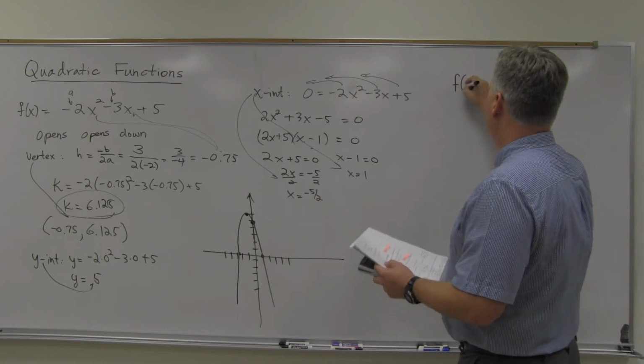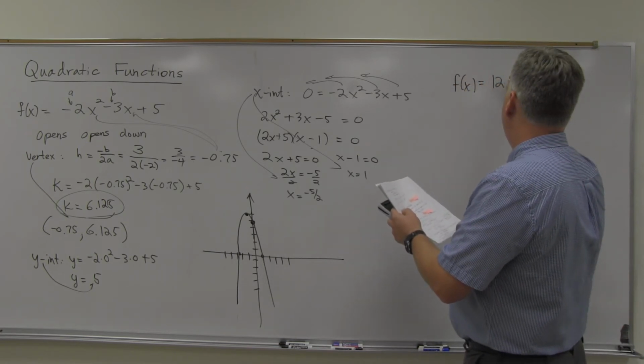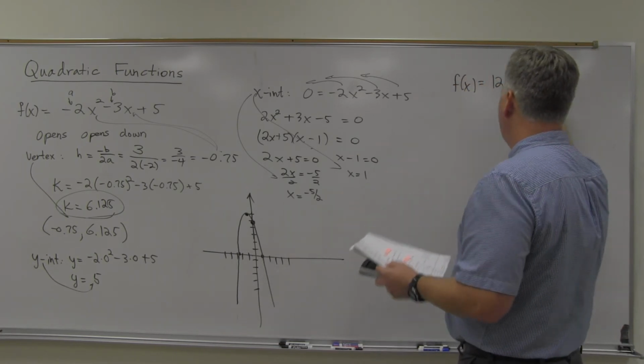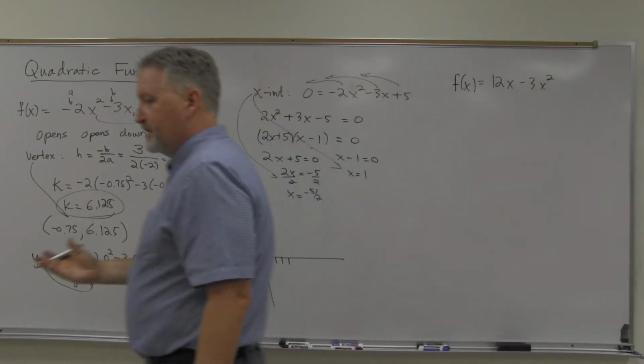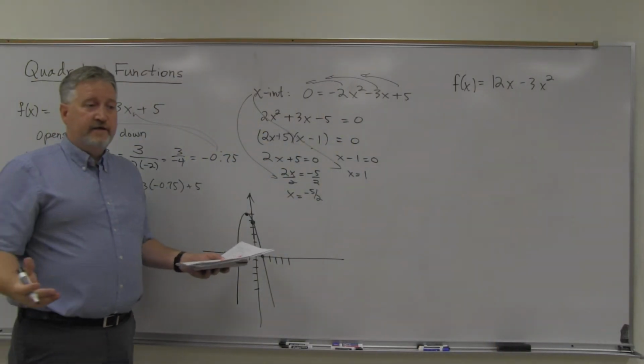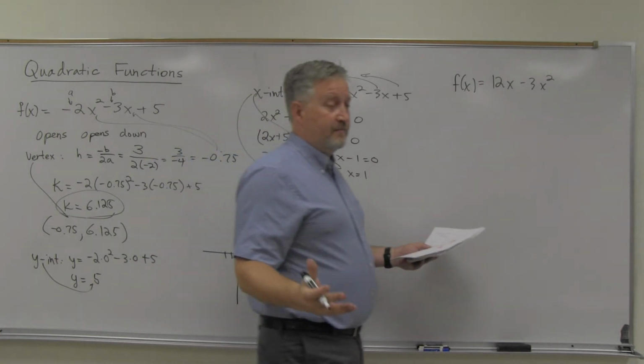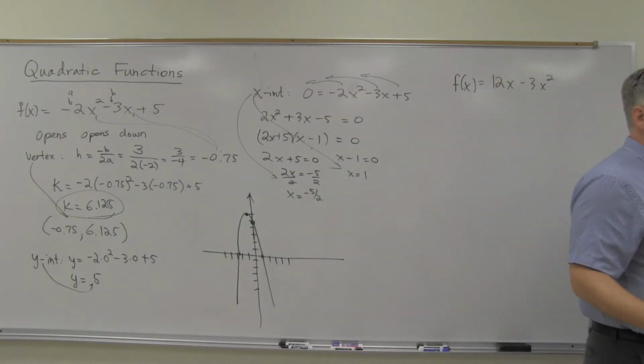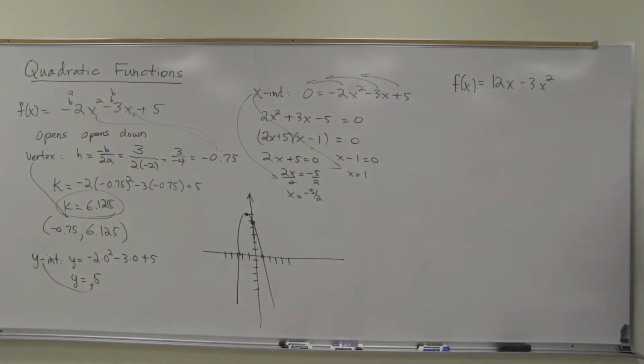f of x equals 12x minus 3x squared. I do this one because they won't always be in the exact form that we may want them to be in. This is an x squared equation, but notice where the x squared is. You may want to shift it around, to make it be in ax squared plus bx plus c form.